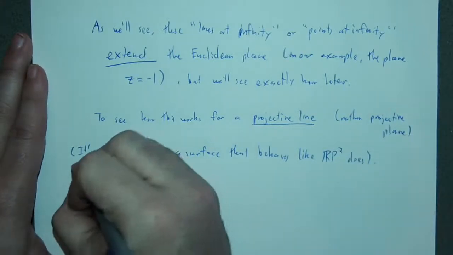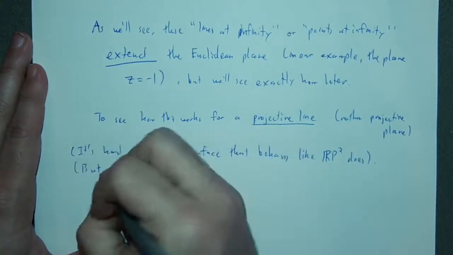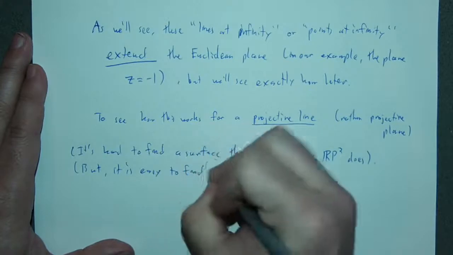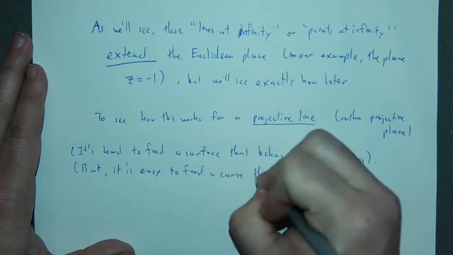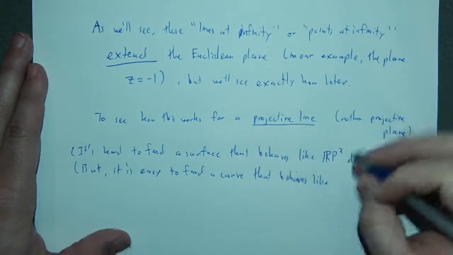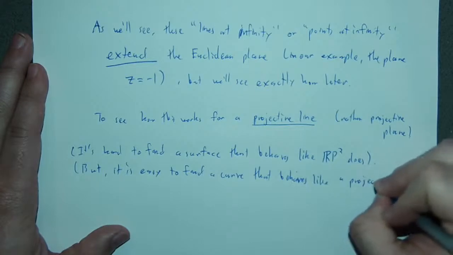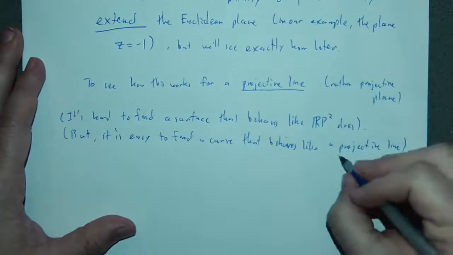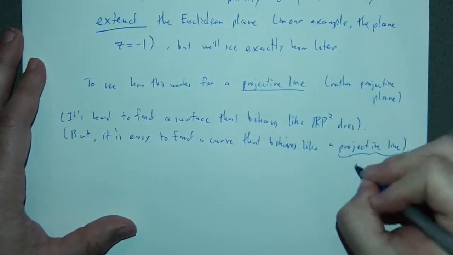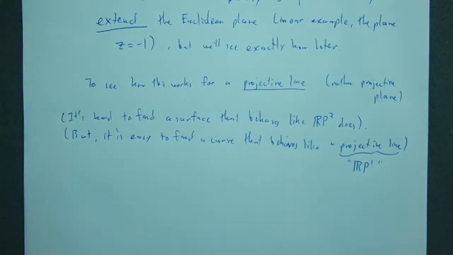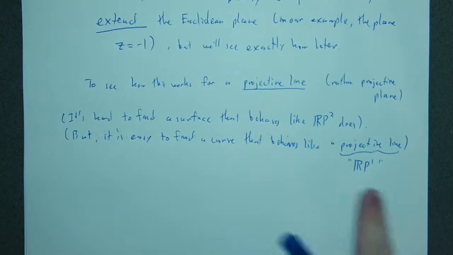But, another parenthetical statement, it is easy to find a curve that behaves like a projective line. So later we're going to have a model for this projective line, and it's going to be called, unsurprisingly, RP1. But we haven't defined this thing yet, so we're not going to define it immediately right now.